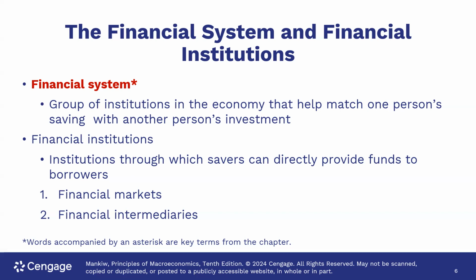Let's go through this definition again. The financial system is a group of institutions in the economy that help match one person's saving with another person's investment. So the financial system converts people's saving into other people's investment. The financial institutions are the elements that facilitate the operation of the entire system.